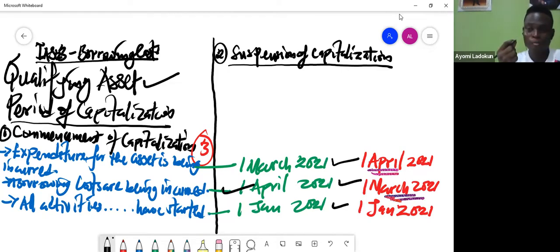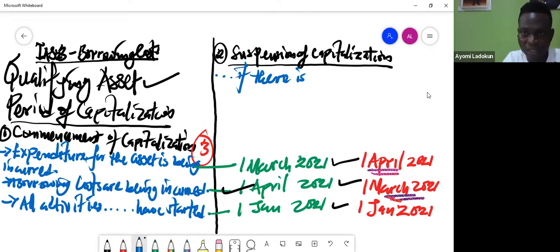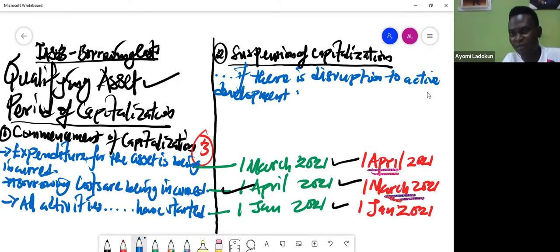The standard is saying borrowing costs shall be suspended if there is disruption to active development program. That means we will not capitalize for that period.